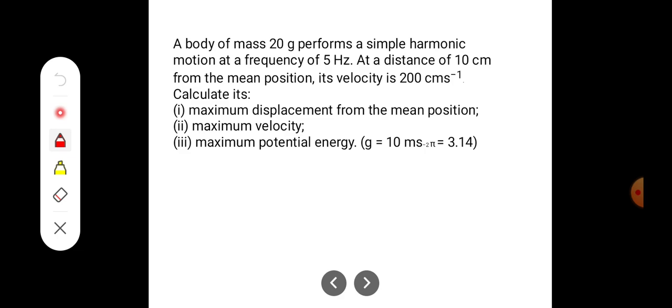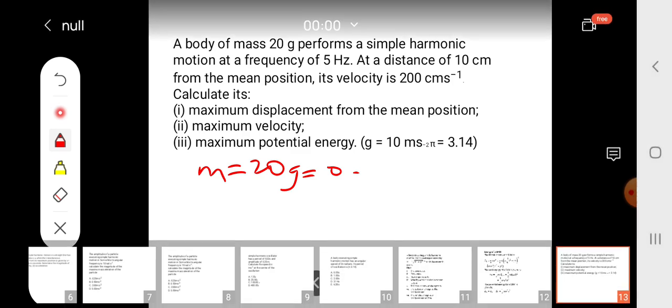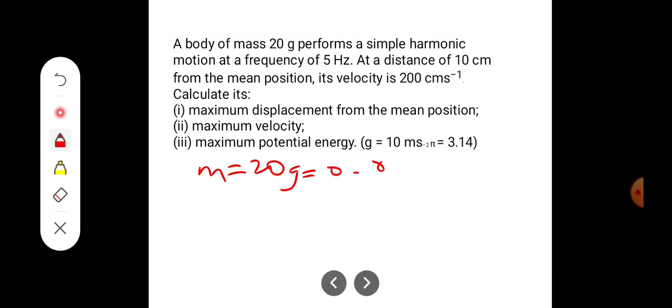Okay, but we are given mass to be 20 grams. If we need to convert that, that will be 0.02 kilograms. Now we also have velocity.